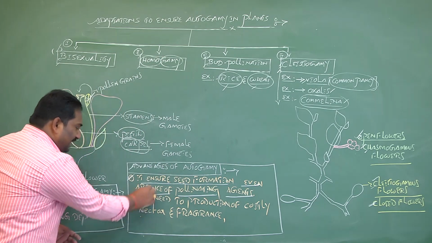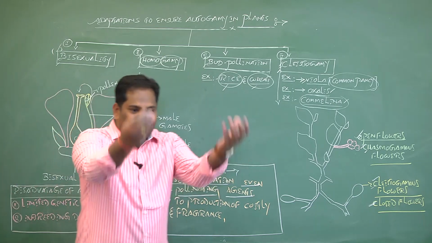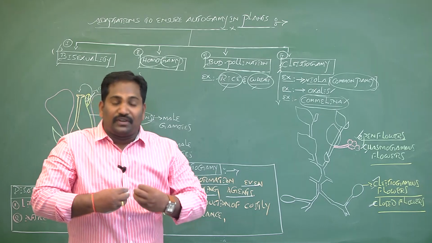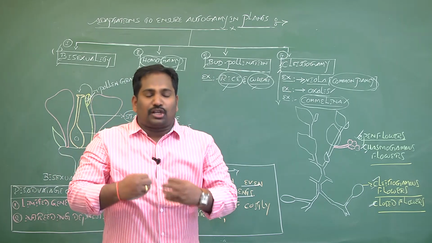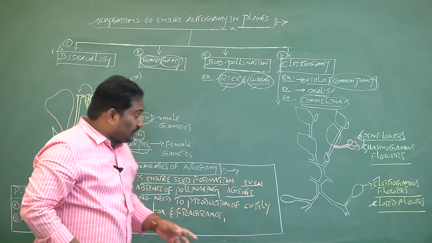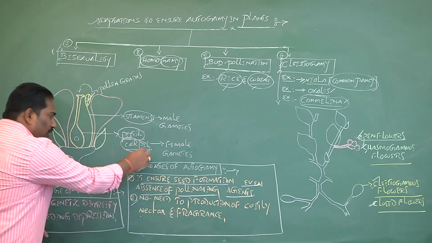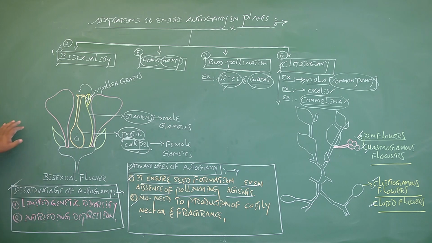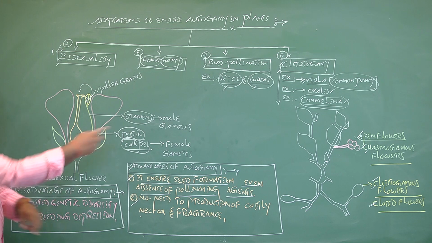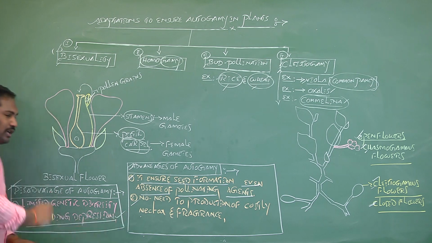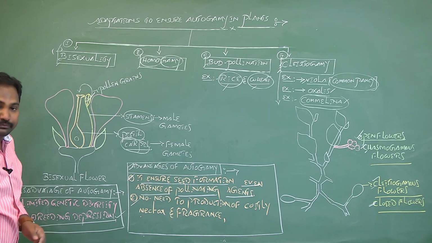The second advantage is there is no need to attract any insects or birds. Then there is no production of costly nectar and costly fragrance to attract insects. These are the two advantages of autogamy. But there are disadvantages also for autogamy. When continuous self-pollination takes place, it causes inbreeding depression or homozygosity.